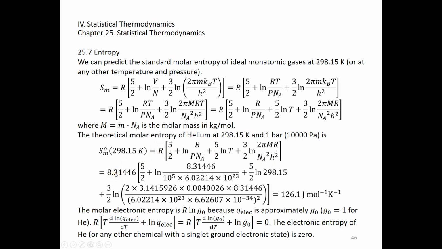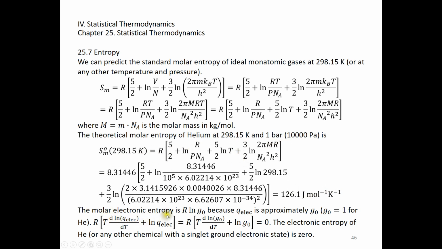R is 8.31446, 2.5 here, the logarithm of R over the pressure and Avogadro constant, 2.5 times the temperature, and then 1.5 times 2 pi times the mass in kilogram per mole times R divided by the Avogadro constant squared and h squared. All numbers are in SI units, so in the end I just get SI units. I get 126.1 joule per mole per Kelvin as the molar entropy for helium at room temperature and 1 bar condition.